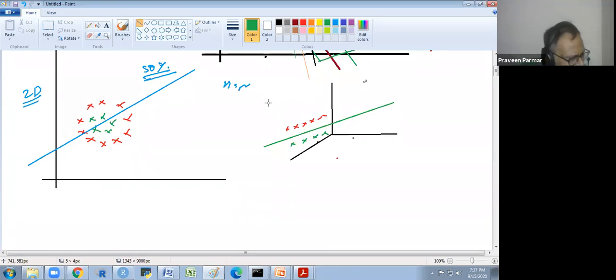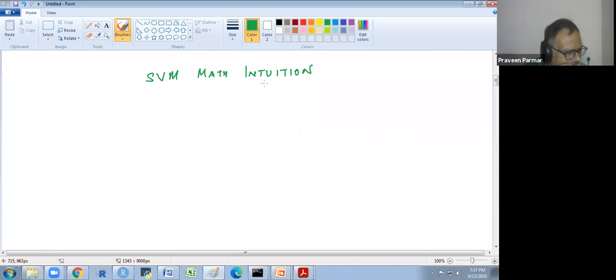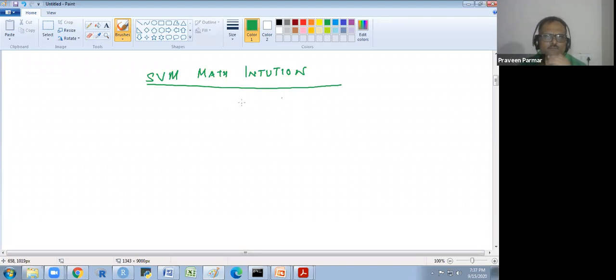And we see what mathematics works behind this. So we see the support vector machine, SVM math intuition. I think the spelling is right, intuition.